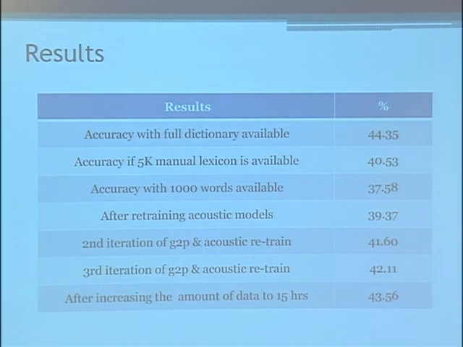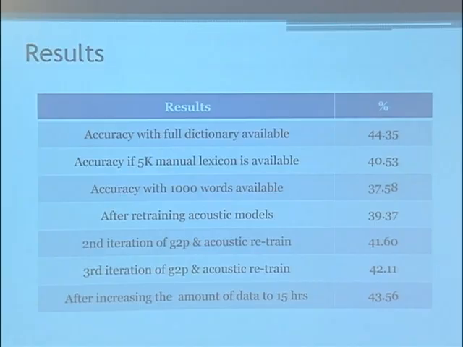So we get to that bad state of affairs just because we don't have the correct pronunciations for each of the words. Now what we do is we go into the loop that I was describing before. We bootstrap our models, and then we keep going around the loop where we try to improve our pronunciation. The first iteration gives me 39, then we move to 41, and then to 42.